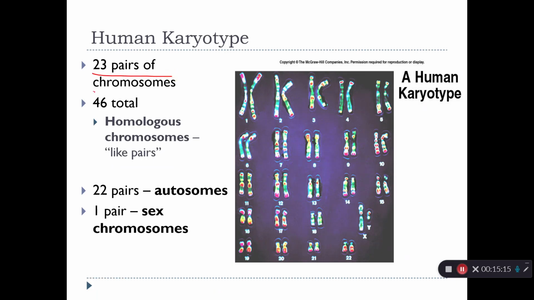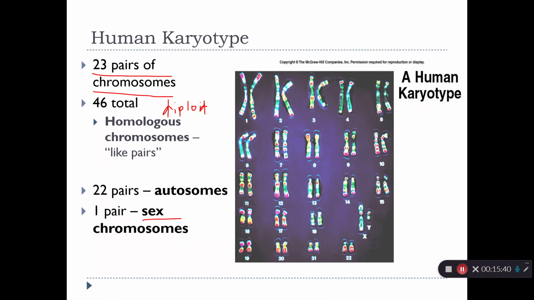23 pairs of chromosomes. So if you have 23 pairs, that's diploid. In sex cells, there's only one of each, so they have 23 total chromosomes. Diploid cells, maybe write in the word diploid, have 23 pairs.